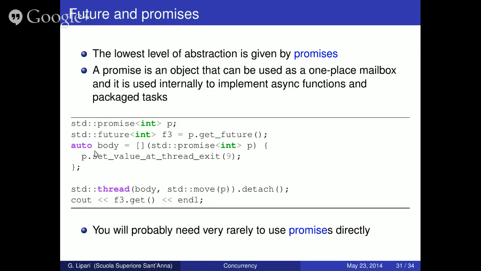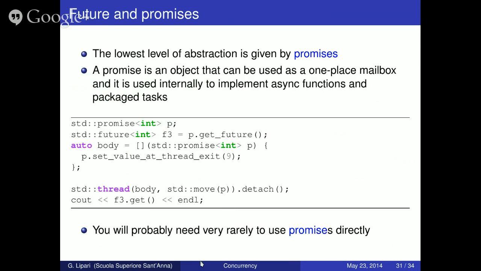And then this is the function body, which takes as an argument a promise, and just puts the result 9 into the promise. And later on, you just create a thread which executes this function and obtain this promise, of course. And later on, you wait for it to terminate by calling f3.get on the future.